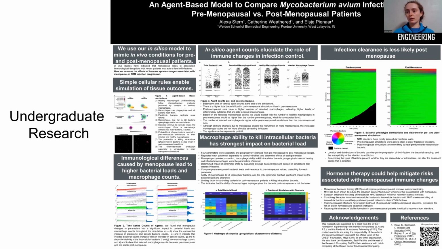That's shown by the number of simulations that are black, which means that all the bacteria are cleared by day 14. And when all the bacteria are cleared, that means that you've been treated for this infection and you don't need to worry about it anymore.